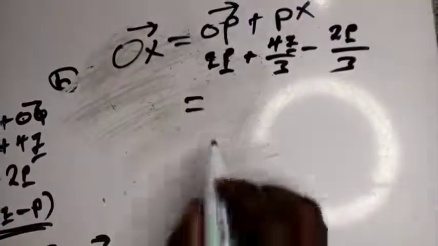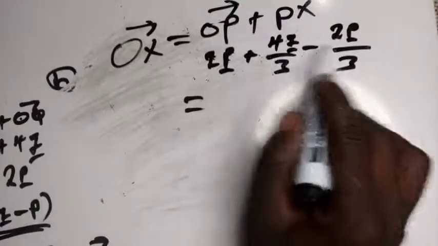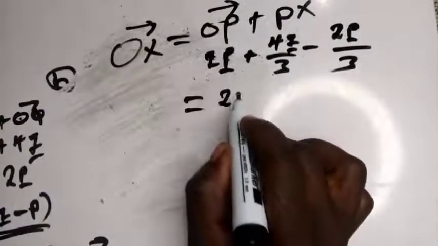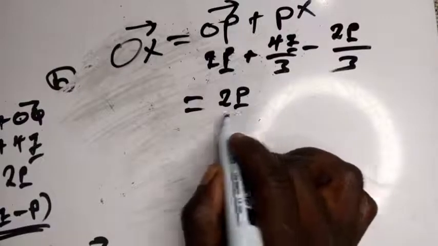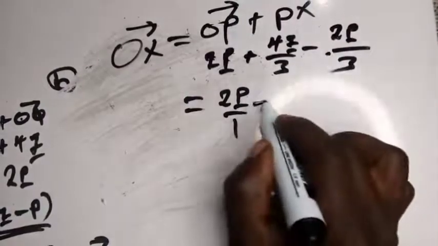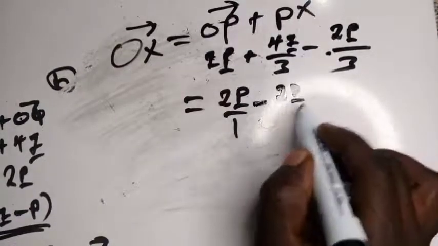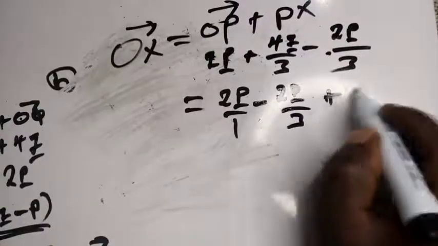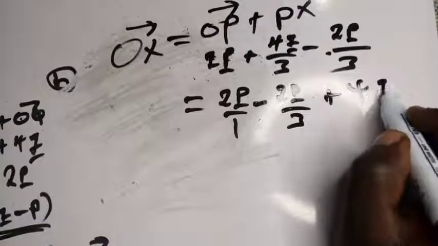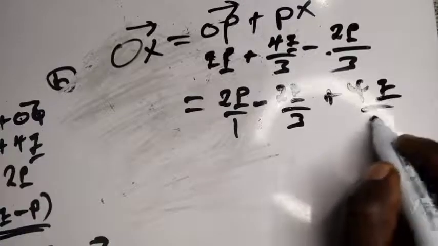Then let's simplify this one. Let's write it in the right form. So it will be 2p over 1, then minus 2p over 3 plus 4q over 3.